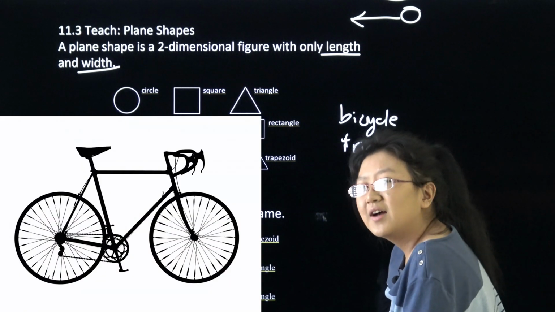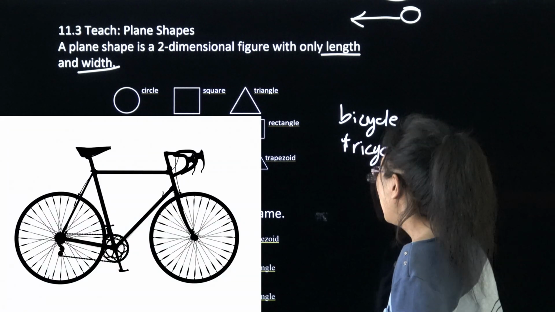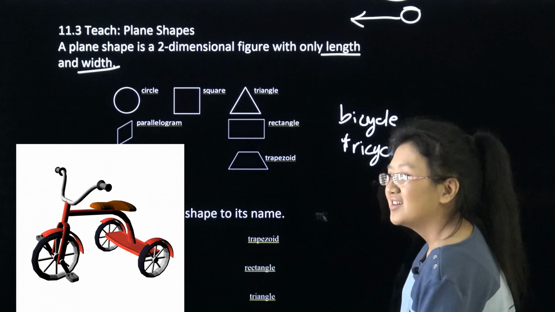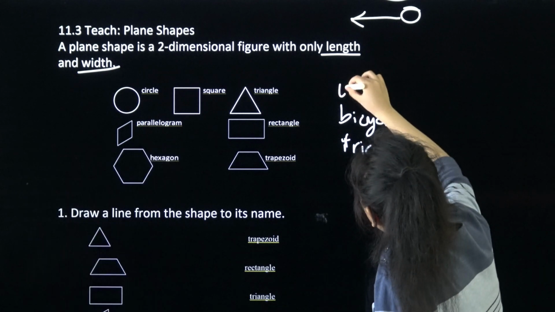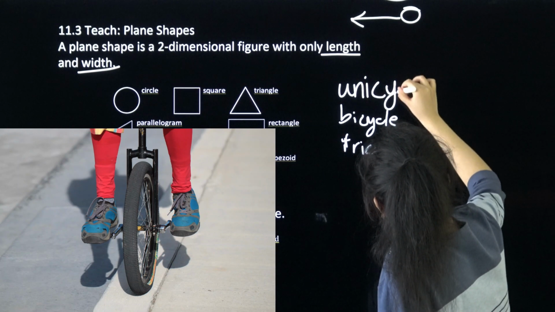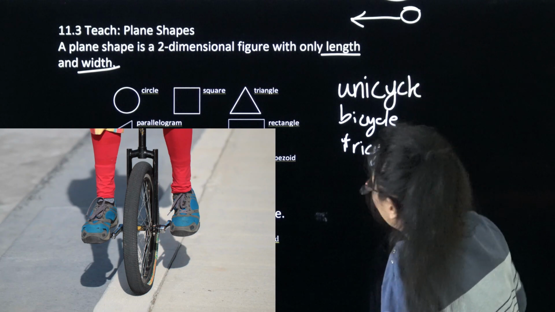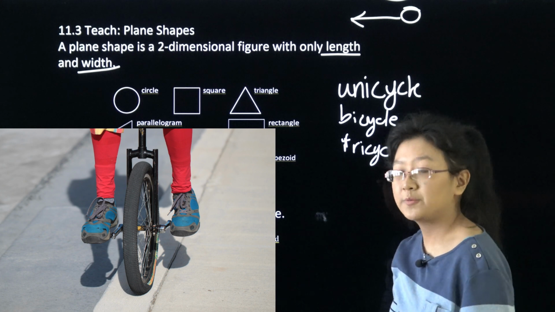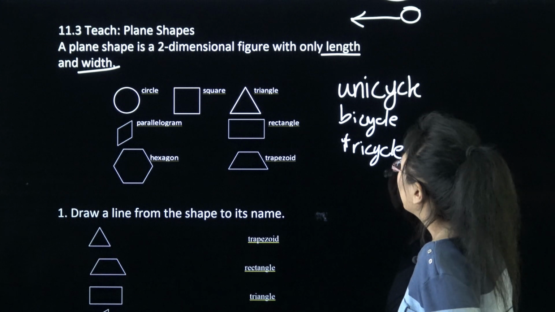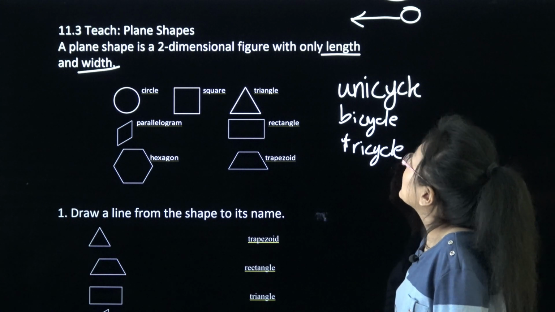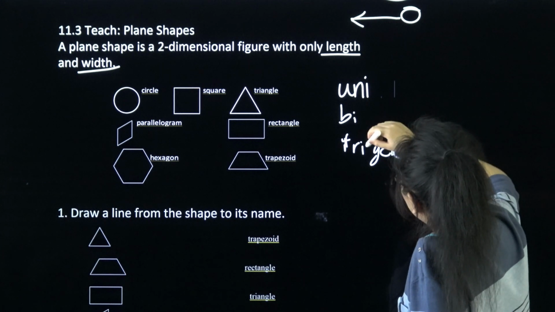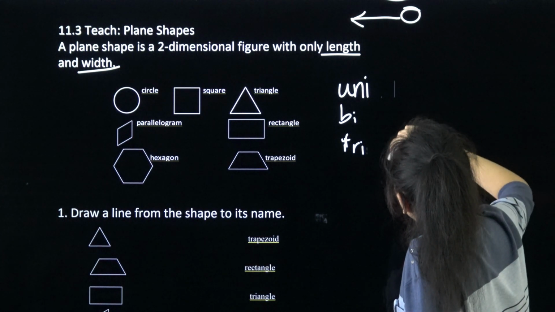Well, a bicycle has 2 wheels, and then a tricycle has 3 wheels. And maybe you've seen a unicycle somewhere in your neighborhood, or on TV, or in a book. And a unicycle has 1 wheel. Now, this is what I'll be teaching you. Uni means 1, bi means 2, and tri means 3.